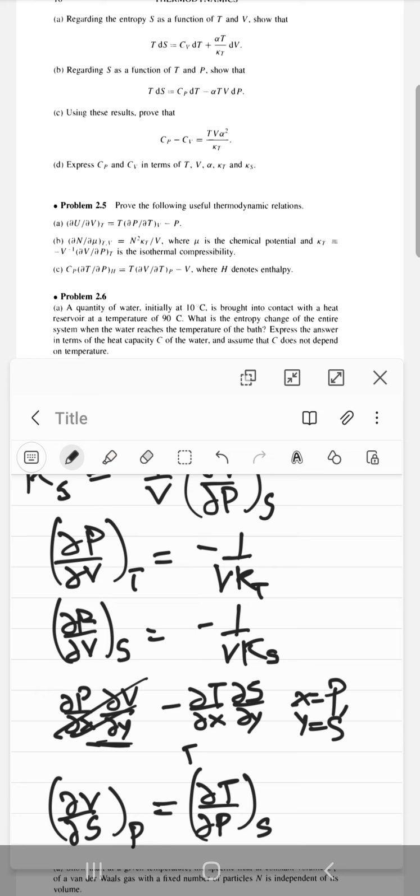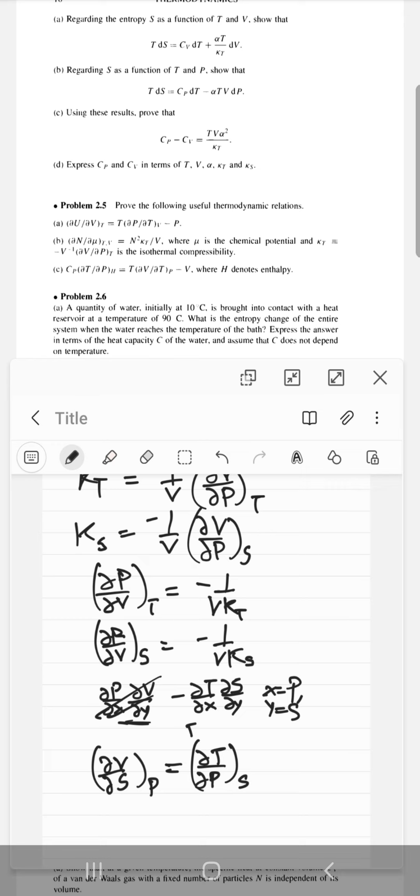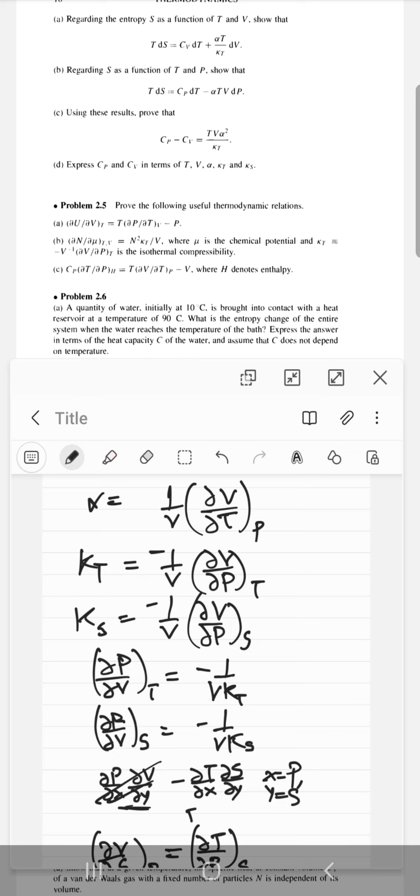Okay, apparently you can't have partial V by partial P. Yeah, that's a bad scenario. It makes sense. You should not be thinking of it like that. So you will need to split it into two different things. Isn't that right? Oh, this is much more complicated than what I thought it would be.